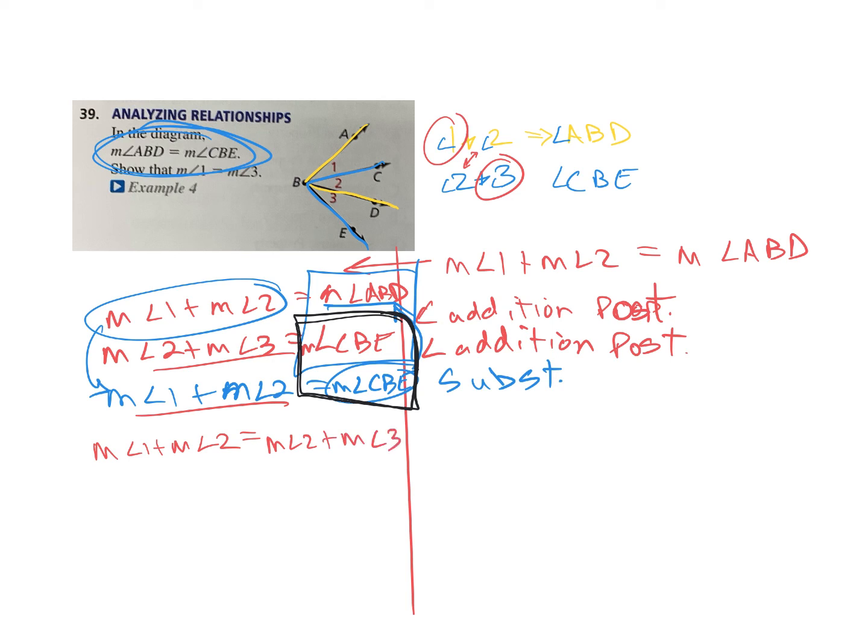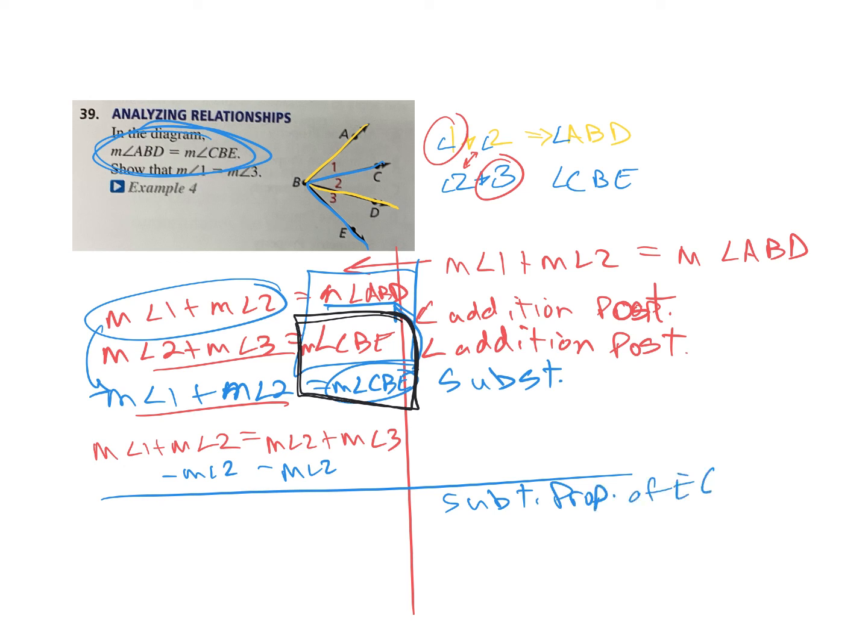Okay? So those two are equal. And now I can subtract the measure of angle 2. So subtraction property of equality. And what do I end up with? Those are gone, and I'm left with the answer. The measure of angle 1 equals the measure of angle 3.